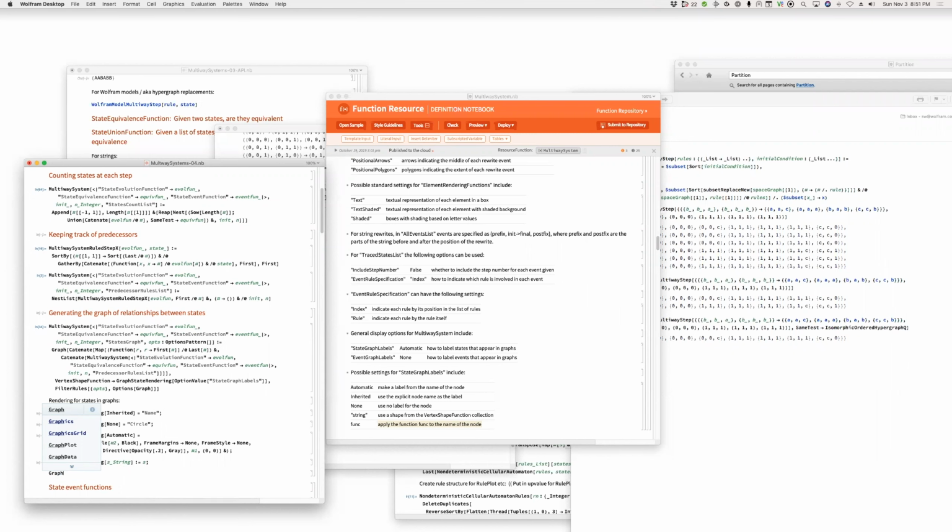But vertex shape function, I don't understand how this works, because isn't a vertex shape function applied to the name?